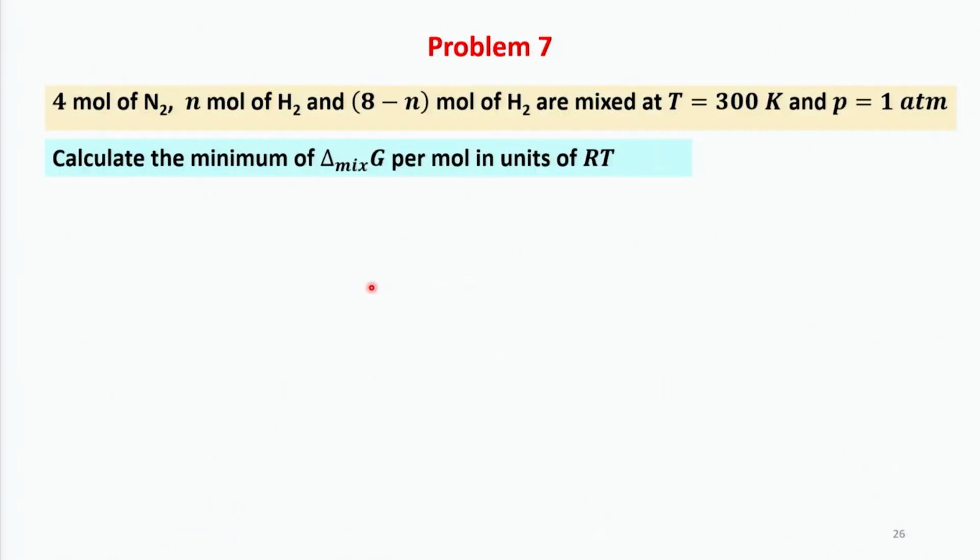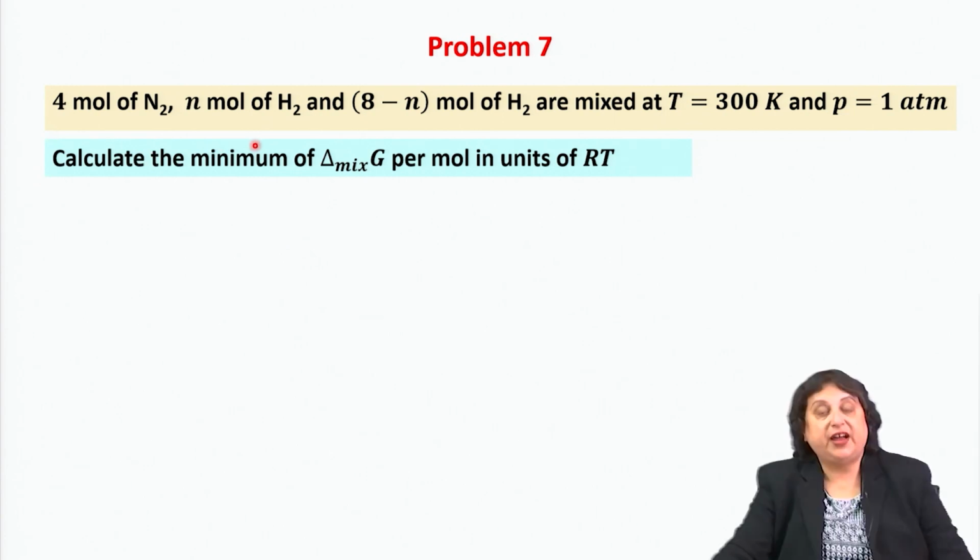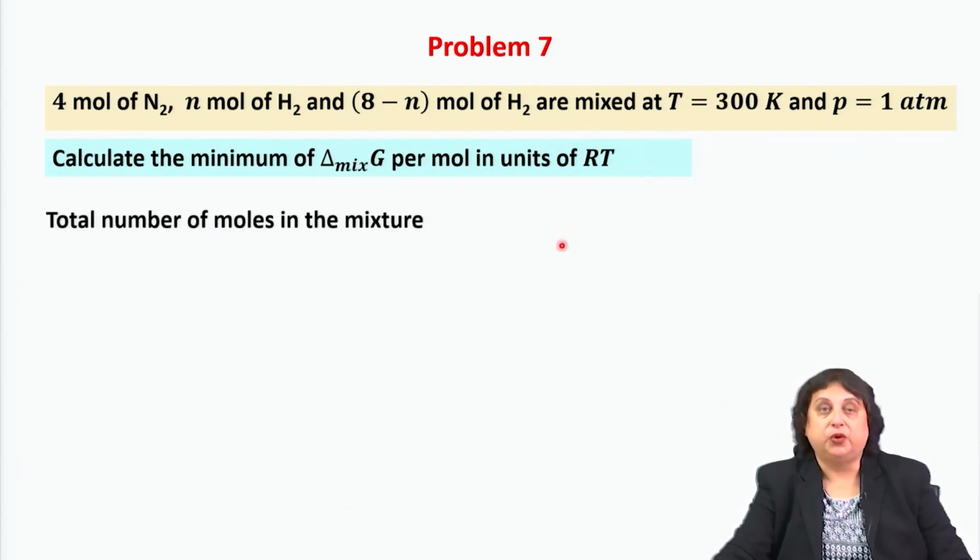Now, if I look at another simple ternary mixture where I have 4 moles of nitrogen, n moles of hydrogen and 8 minus n moles of hydrogen, and ask you to find the minimum of the free energy per mole in units of RT, what will you do?